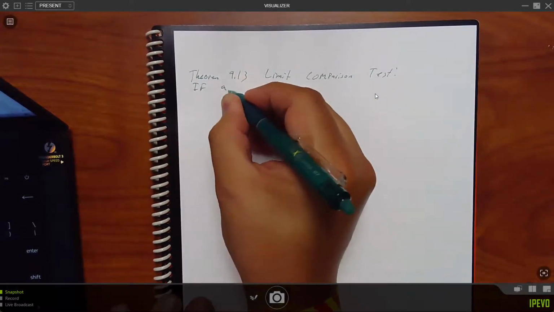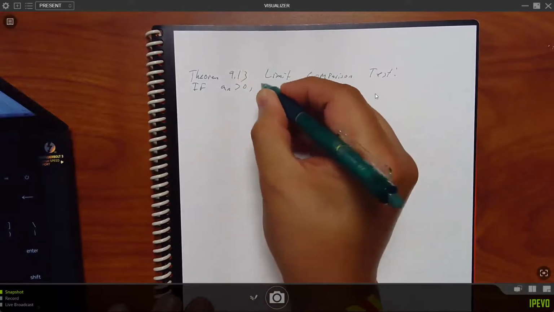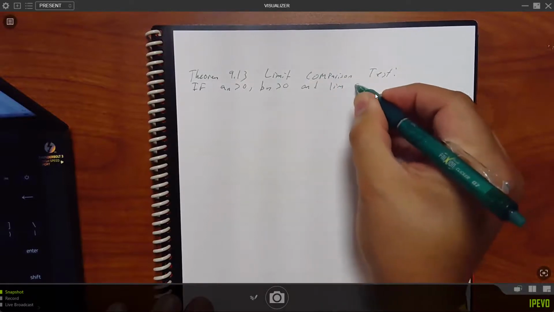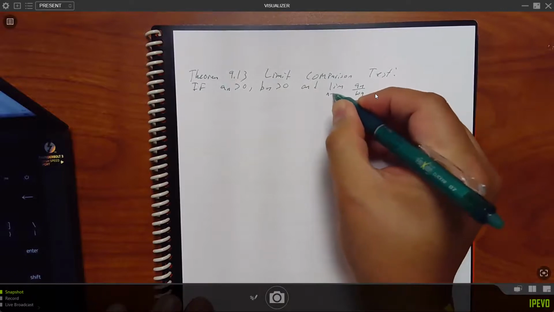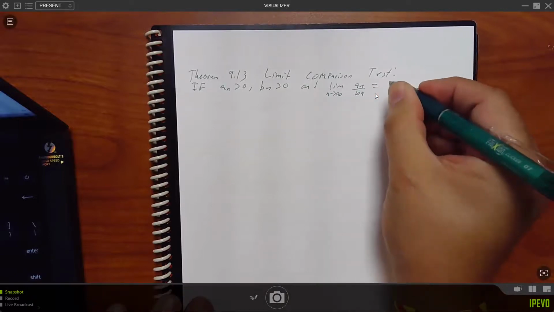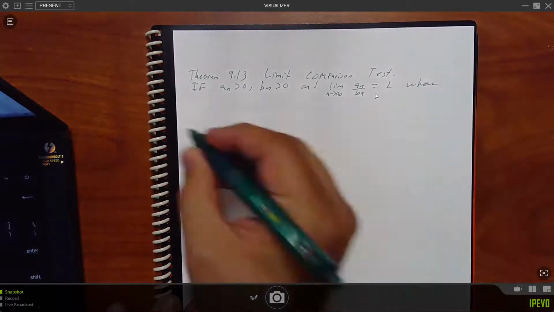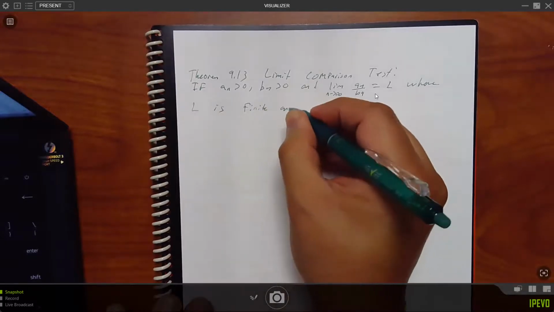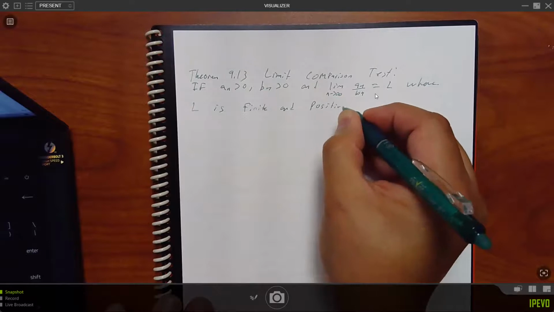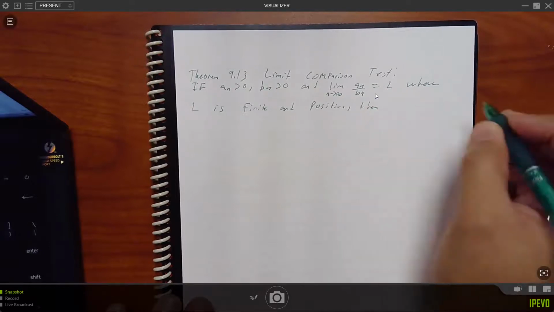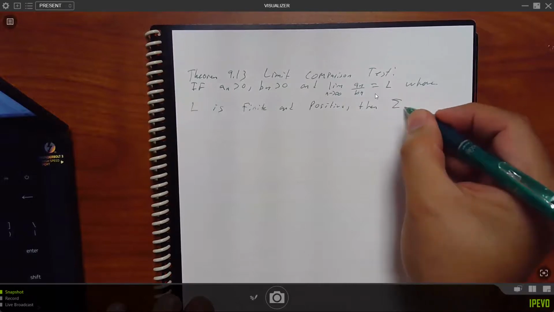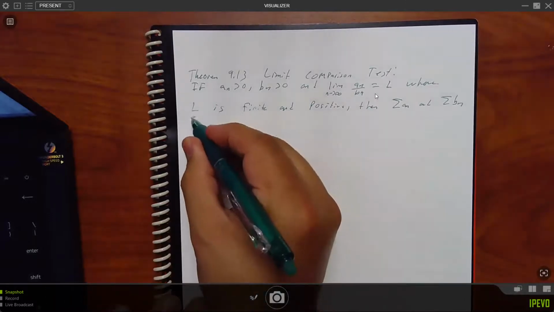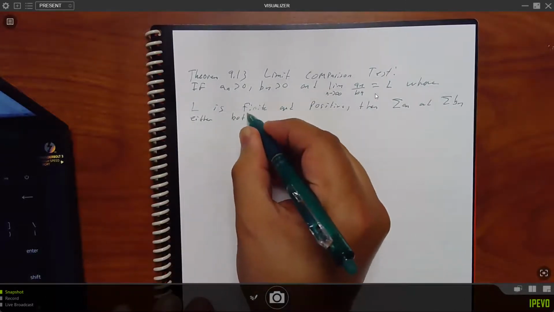If a sub n is greater than 0 and b sub n is greater than 0, and the limit of a_n over b_n as n goes to infinity is equal to L, where L is finite and positive, then the series a_n and the series b_n either both converge or both diverge.